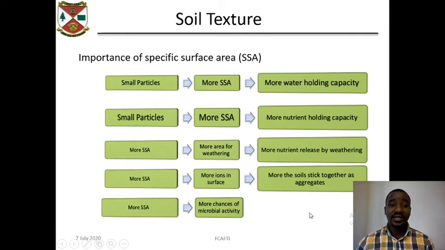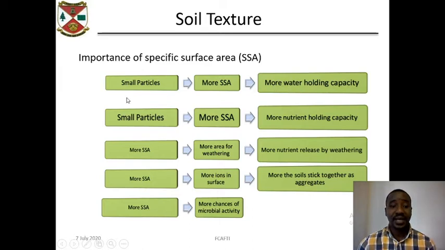If we look at specific surface area in detail again, the small particles, in this case the clay particles, have high or more specific surface area. Because the clay particles have more specific surface area, they have high ability to hold water.